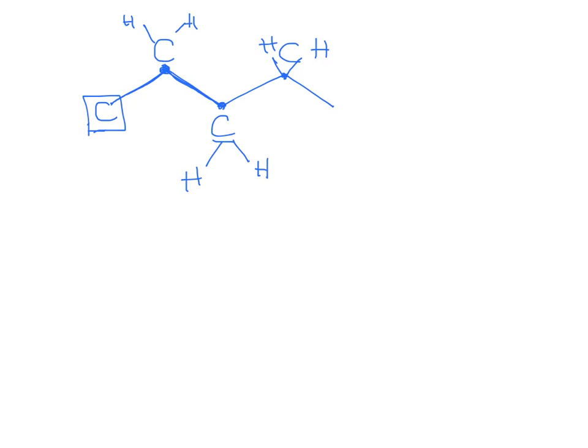The two terminal ones, I'm going to put those in a square so you can differentiate between the two. They're connected to only one other carbon atom, and so the remaining three bonds are going to go to hydrogen.